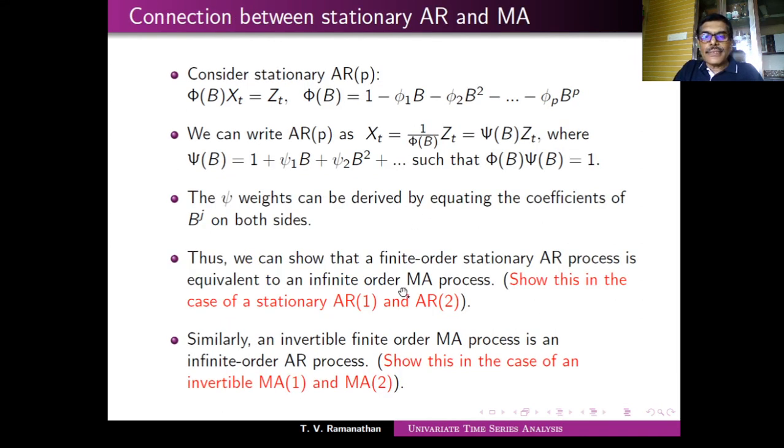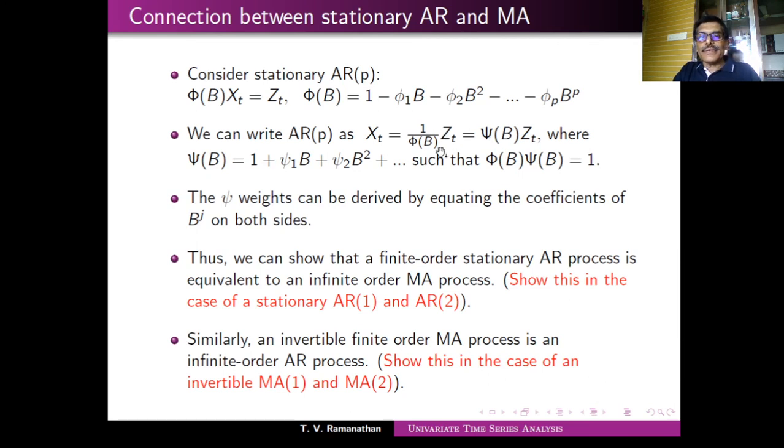Now this is my last slide, so I just wanted to show you one interesting fact here. Like this I started writing in the beginning. If you consider an ARP, we can see that the ARP is nothing but xt equal to 1 upon phi B zt, which can be written as psi B zt, where psi B is 1 plus psi 1 B plus psi 2 B square, etc., such that this product is equal to 1.